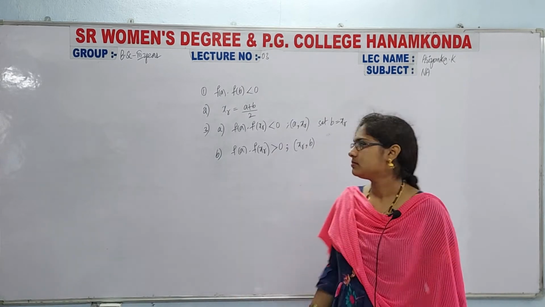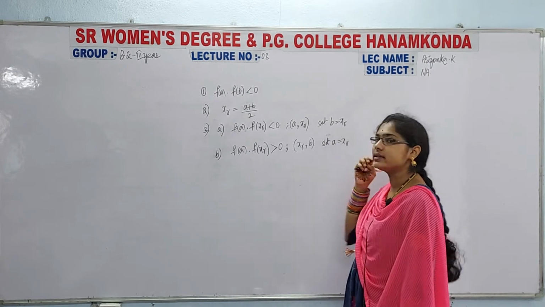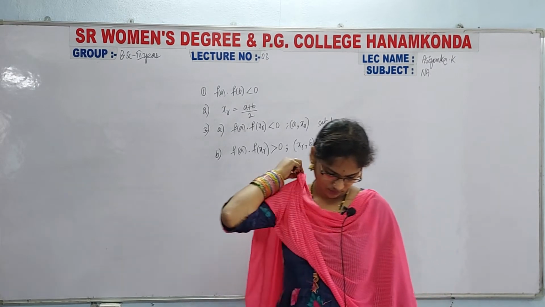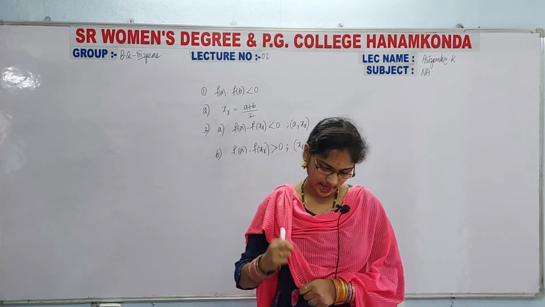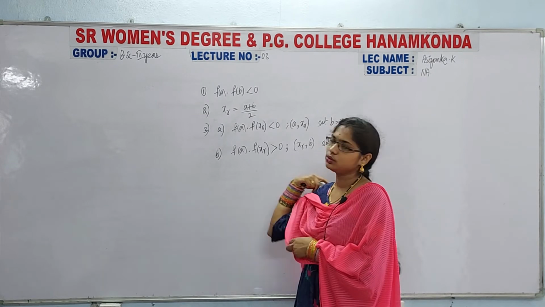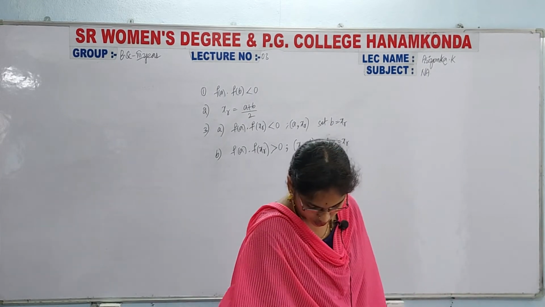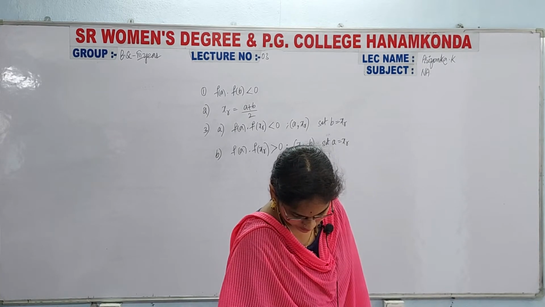Then what is the value of a here? Set a equal to xr, and again we have to go for step 2. Again go to step 2.